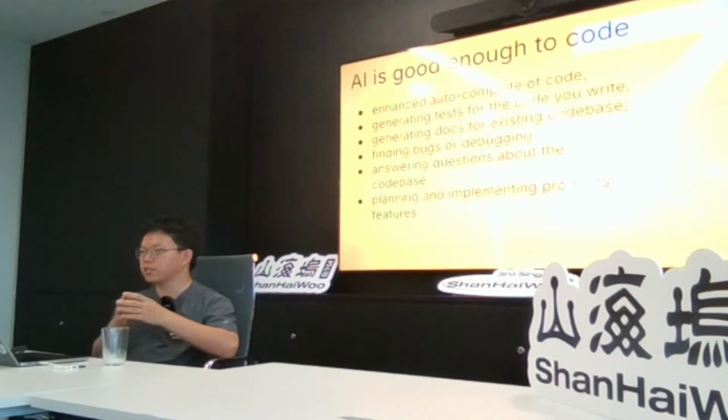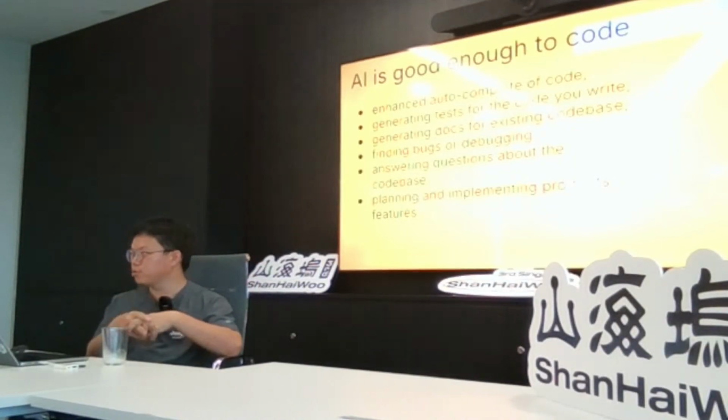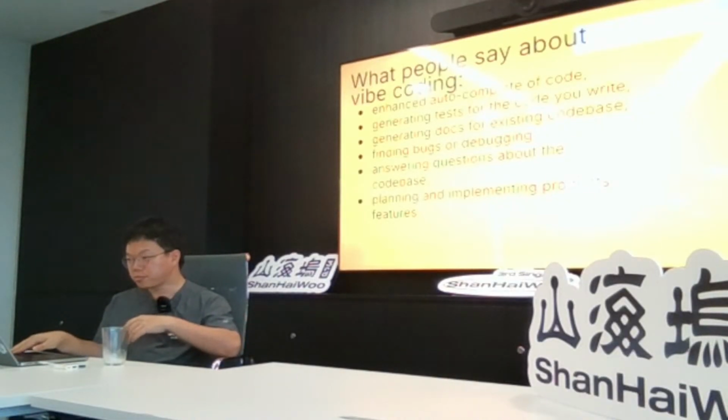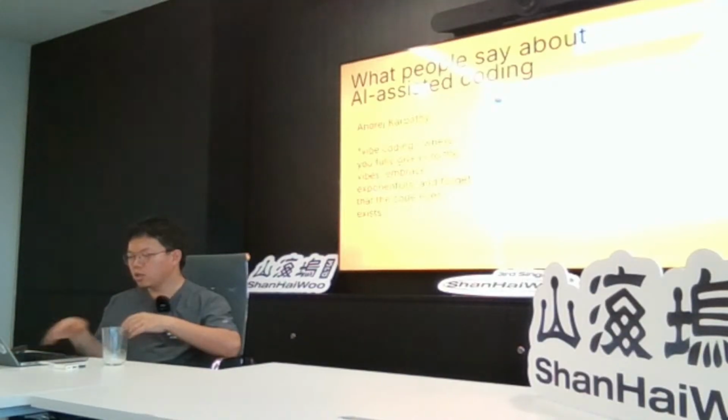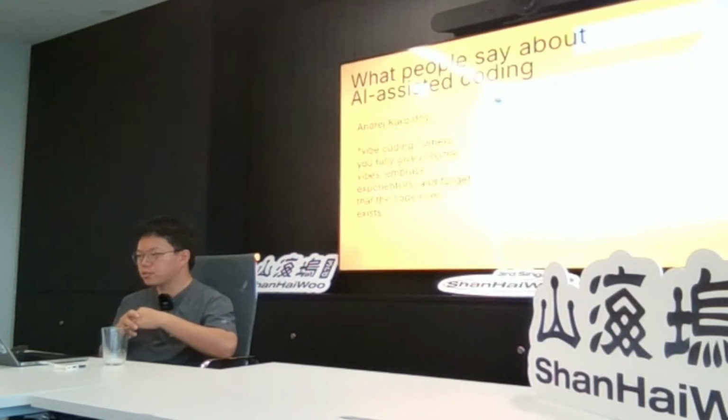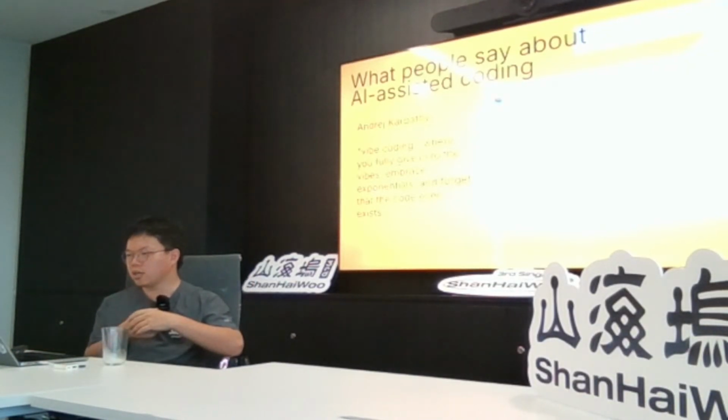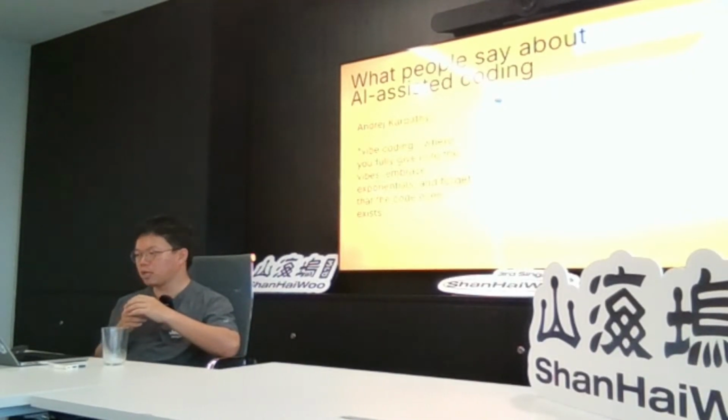So now AI is good enough for all kinds of coding. And so people start using AI to code, and this is already changing the industry and changing the best practices.